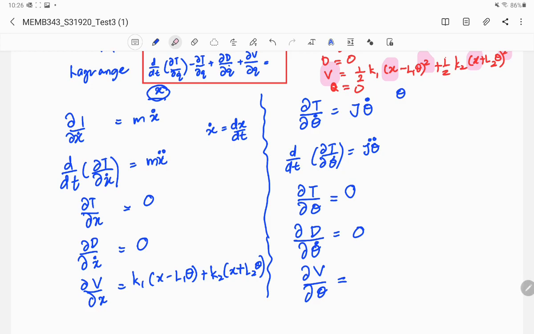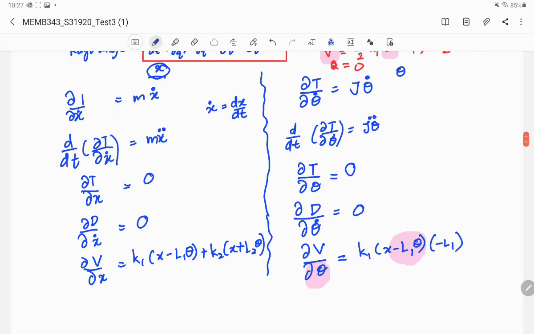But now, if it's with respect to theta, then you have to differentiate your negative L1 theta. That's why in the second part, you still have k1 (x minus L1 theta) to the power of 1, but then you have to differentiate this term, so you have to times negative L1.